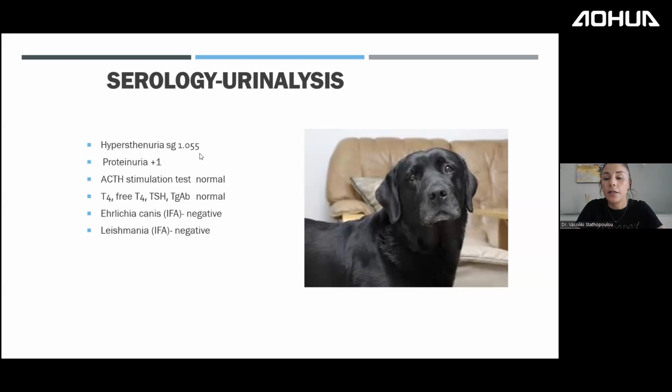If we have a specific gravity of 1,055 and no other reason, we do not assess proteinuria. Okay, we think that it's normal. ACTH stimulation test, normal. Thyroid, normal. And of course, in Greece, we have Ehrlichia and Leishmania. We always test these diseases, negative.